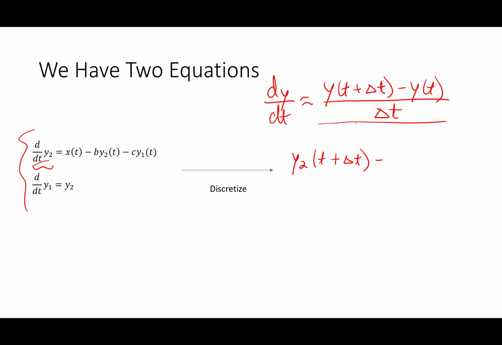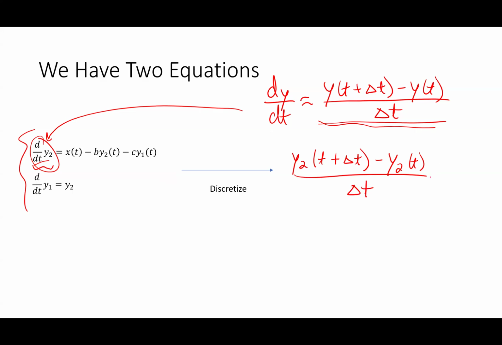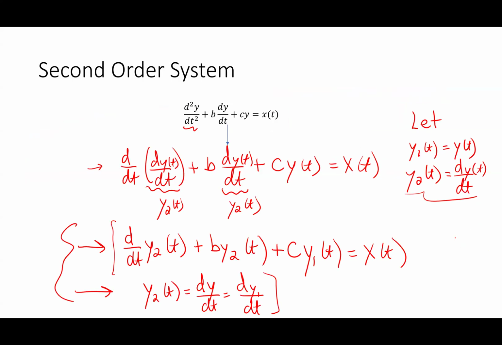I'm using this and I'm applying it to this term. What do I write there? Yep. So I'm using it for y2. So y2 of t plus delta t minus y2 of t all over delta t equals, I just say the rest of this stuff, x of t minus b y2 of t minus c y1 of t, where b and c basically fit my terms in that differential equation.